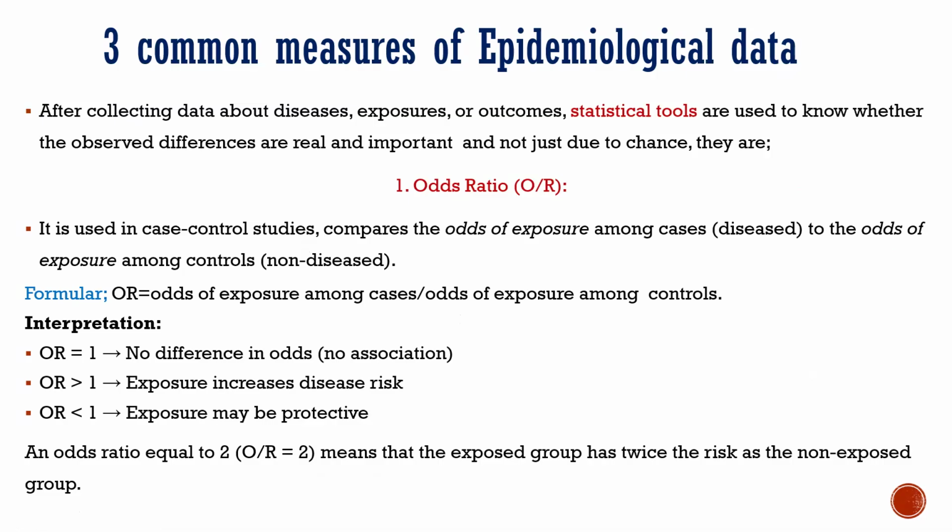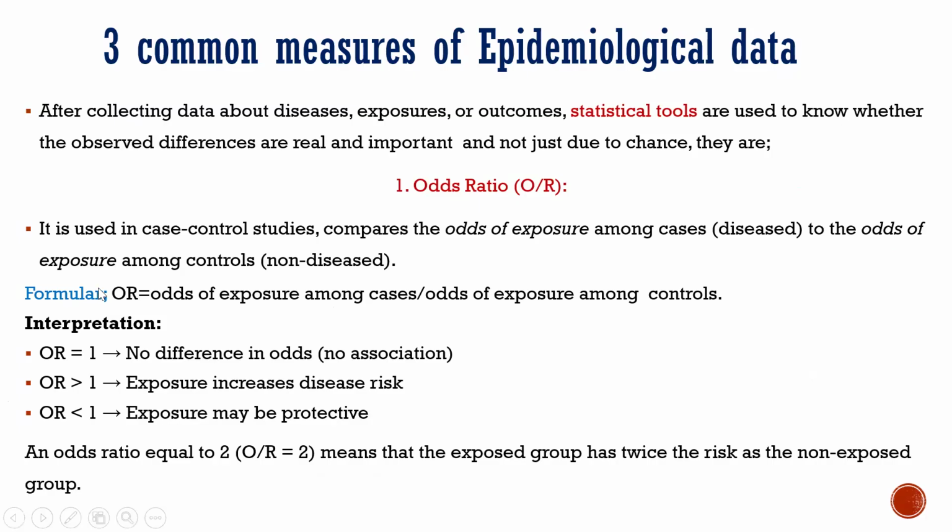Then the controls are those that don't have the disease, but you just want to use them to measure, okay, these people have the disease, these people don't have the disease. So the odds ratio helps you to find out the odds of exposure among cases versus the odds of exposure among controls.